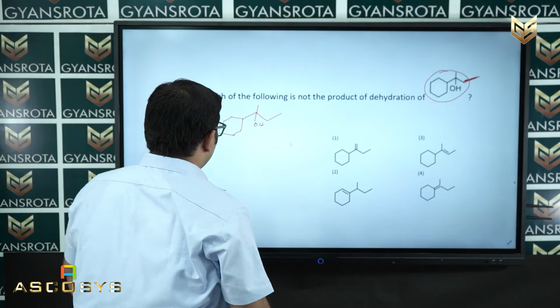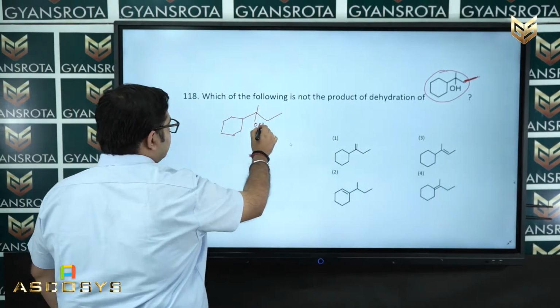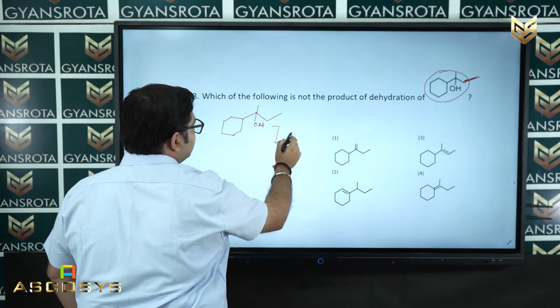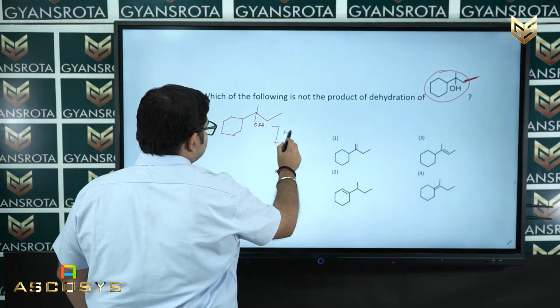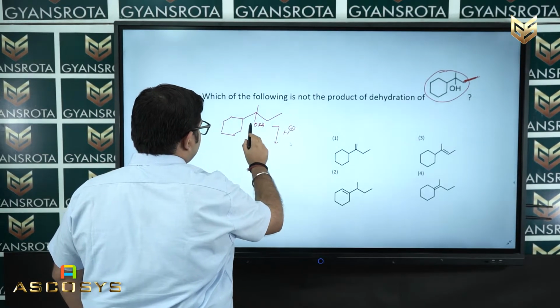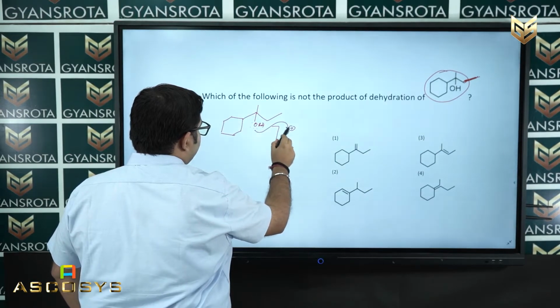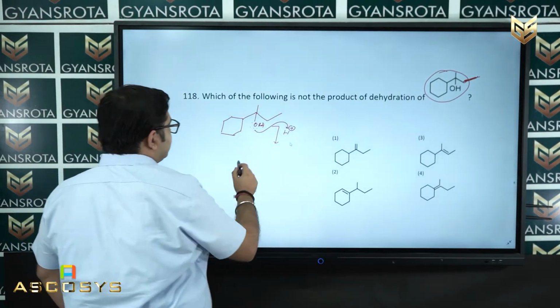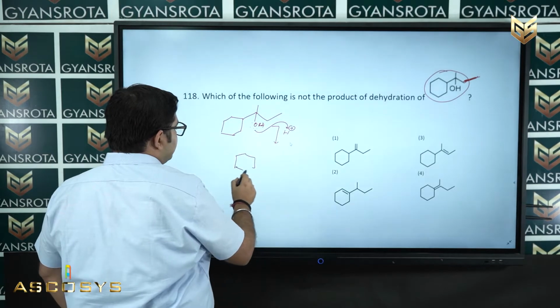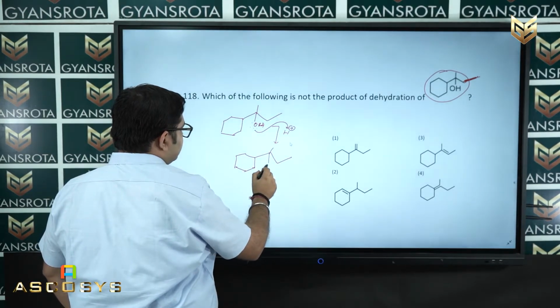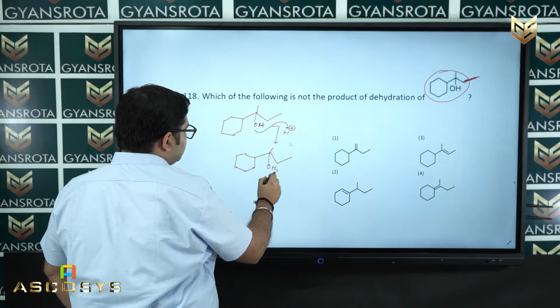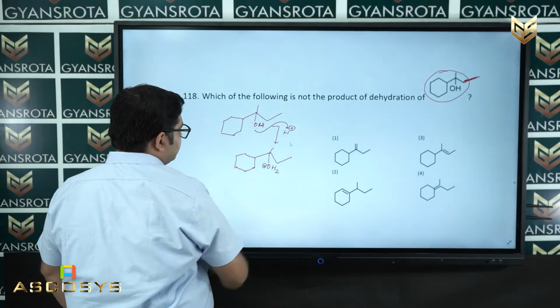Now, what will happen? Dehydration means we have to remove a water molecule. First, H plus will be there in water, so this lone pair will be abstracted by this H plus, and you end up with OH2 positive.